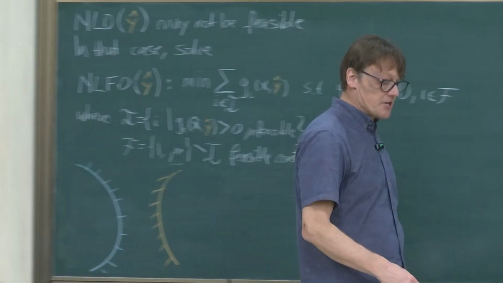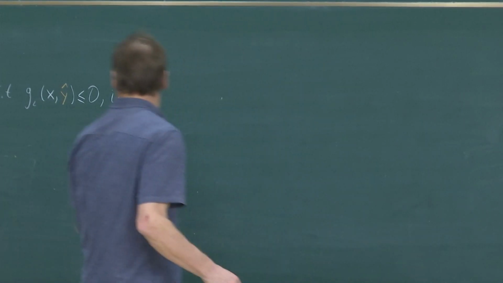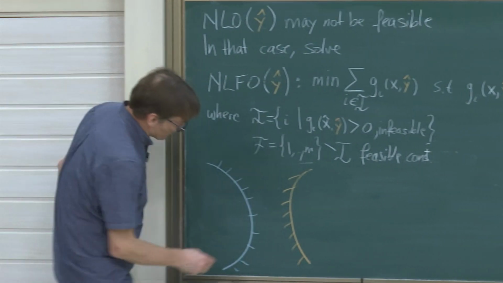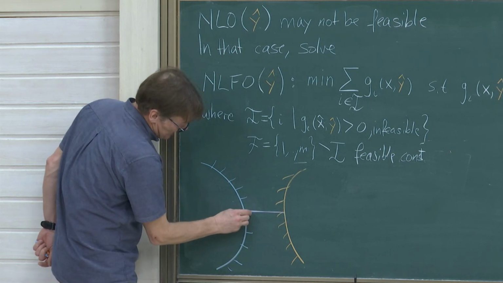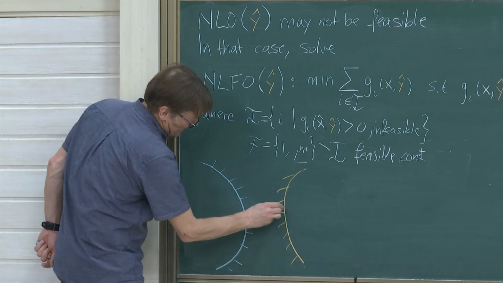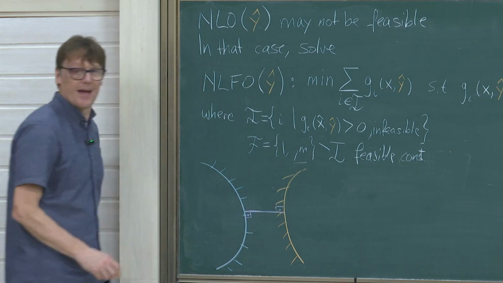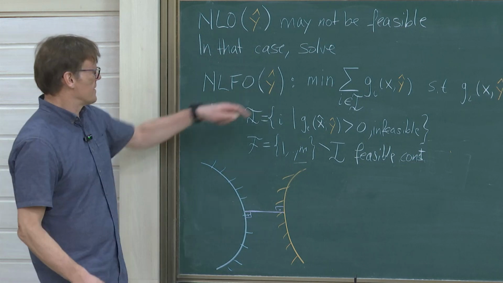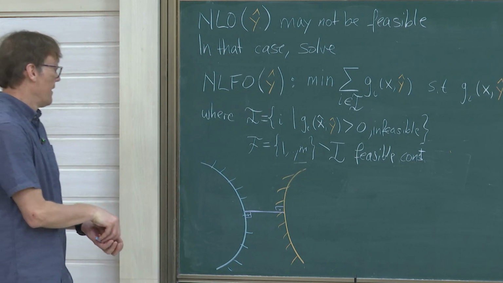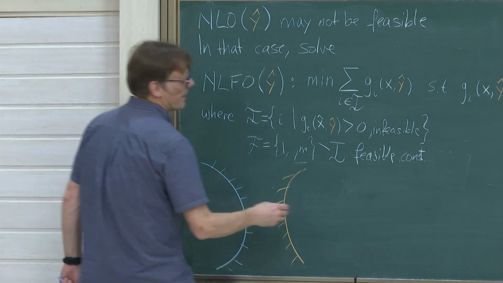And the nonlinear optimization solvers will converge to a point that lies on the line that is orthogonal to both of these curves here.